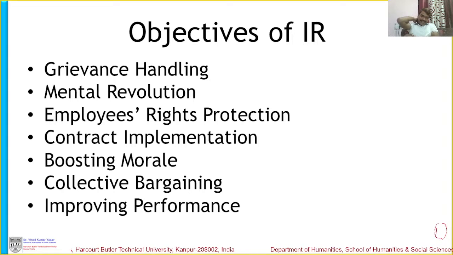Collective bargaining is another objective, which you can say comes not from the management side moreover, but rather from the trade union side or employee association side, where management tries to give minimum to employees, but the employee association or trade union wants maximum from management.